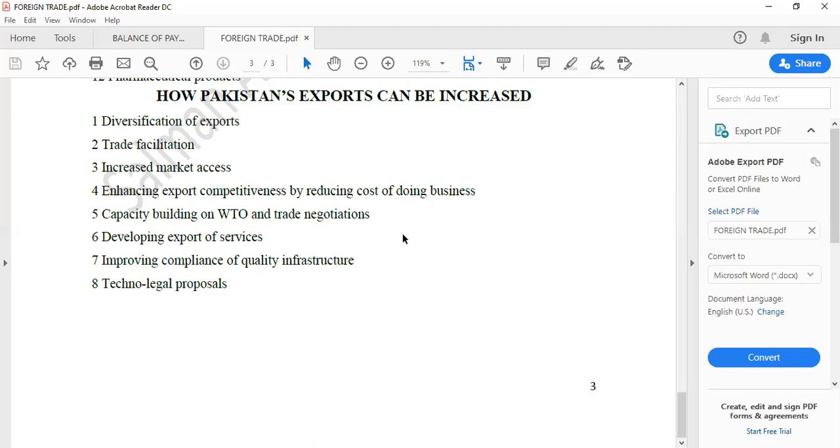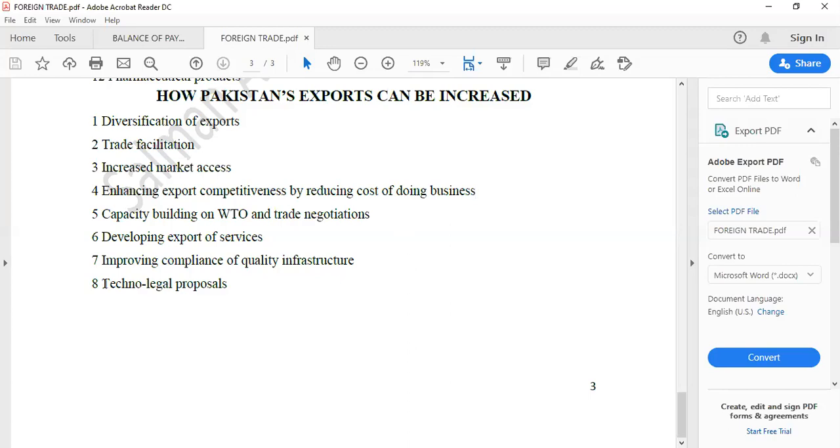If we produce something and its quality is up to the mark of international standards, that is improving compliance of quality infrastructure. If we do not have that compliance, that means we will not have an ISO certification, which will ultimately result in lower exports. We cannot increase our exports because the world will not buy products of low quality.